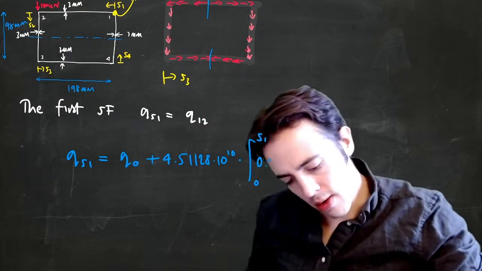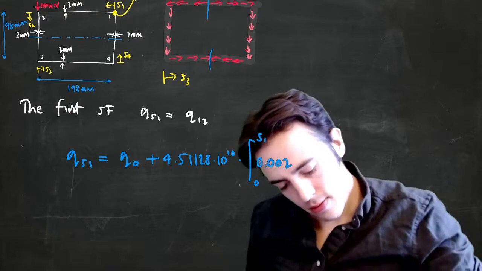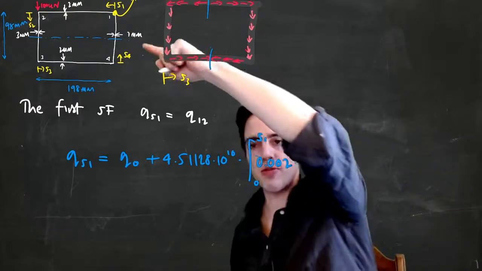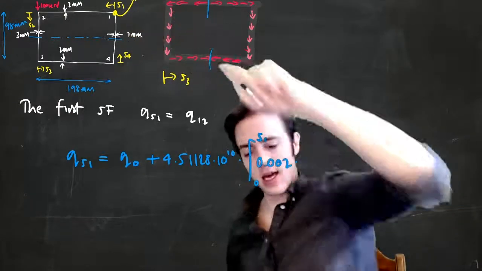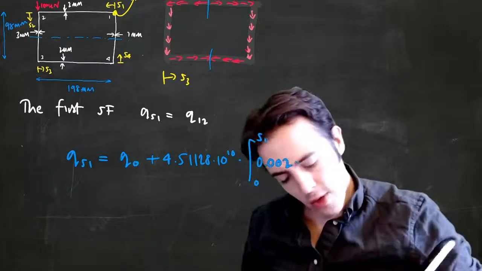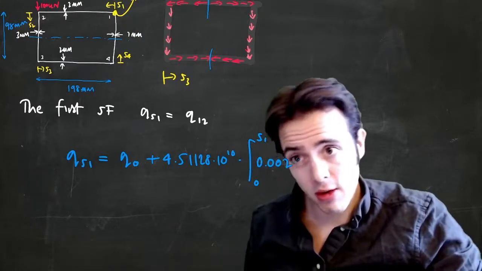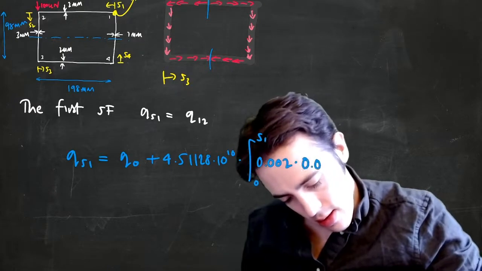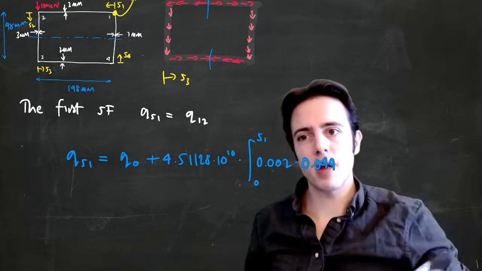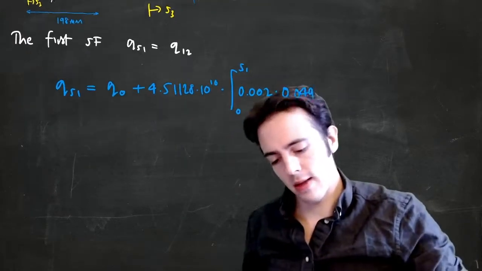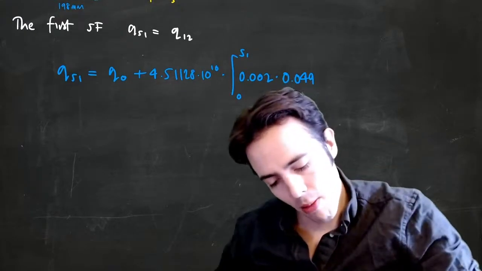So I've got 0.002 multiplied by the Y displacement from the centroid, which is 49 millimeters, so 0.049. Probably would be easier to do this problem in millimeters, but I'm going to do it all in meters and just put up with my choice now.